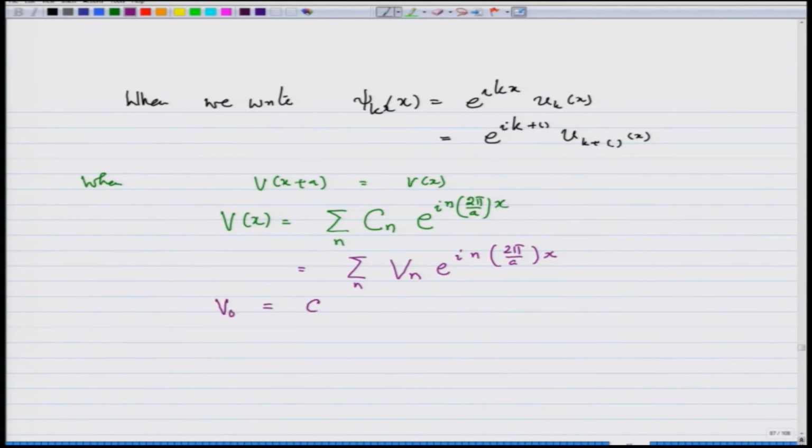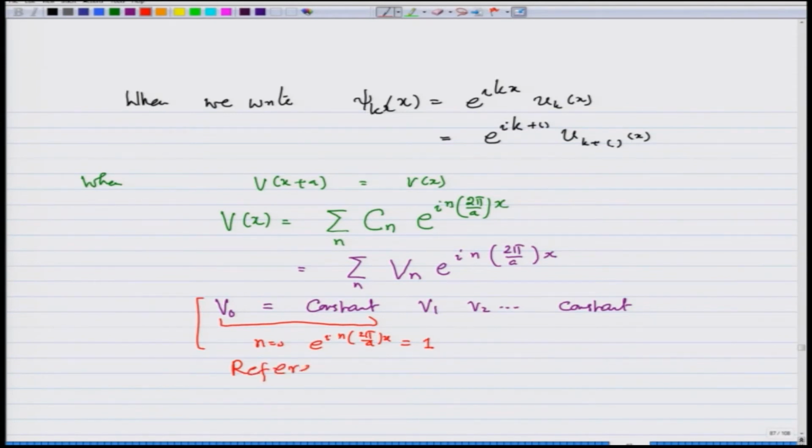V_0 is basically a constant, and V_n, V_1, V_2, all these are constants. Now, V_0 has a particular significance, because n equals 0 gives me e^{i n 2π/a x} equal to 1, and therefore, what V_0 represents is just a reference point for the potential.